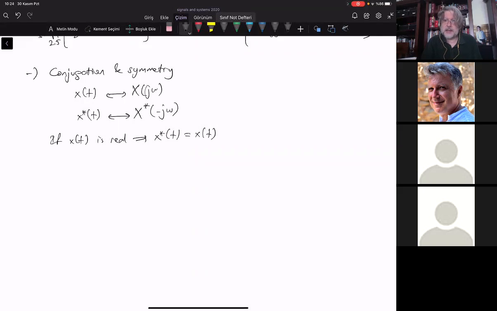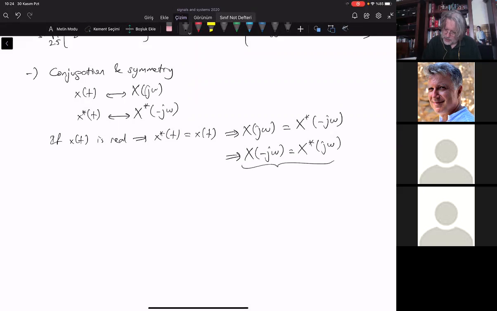The conjugation of a real signal does not change anything, which is telling me that x of j omega would be equal to x conjugate of minus j omega, which is equivalent to saying x of minus j omega would be equal to x conjugate of j omega. So if you conjugate and then put omega is equal to minus omega, you should be getting the same expression for real signals. This means conjugate symmetry.